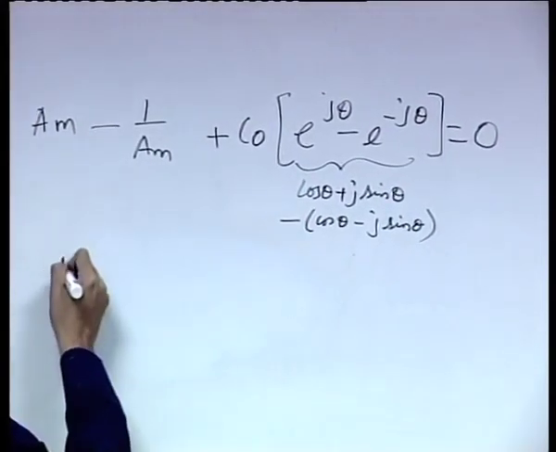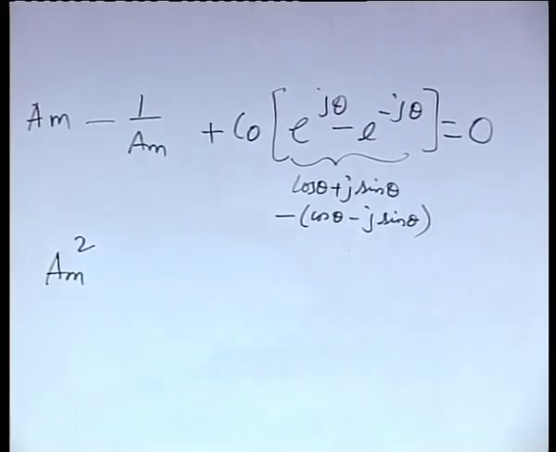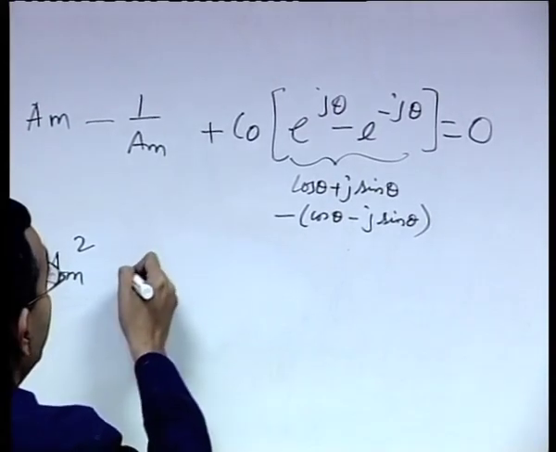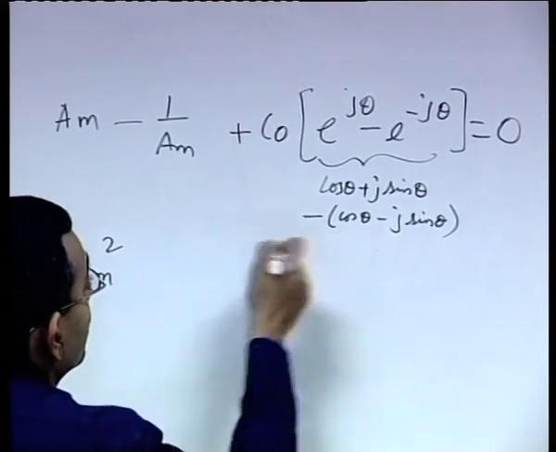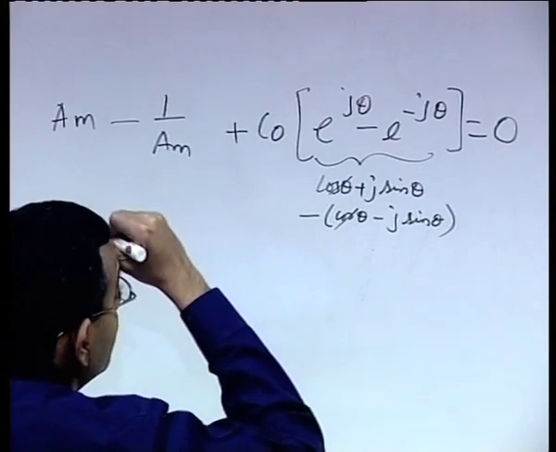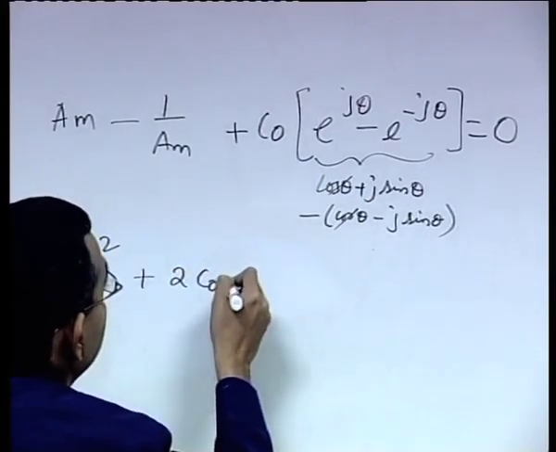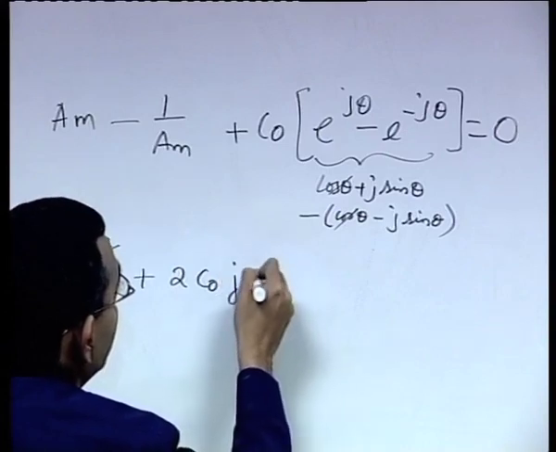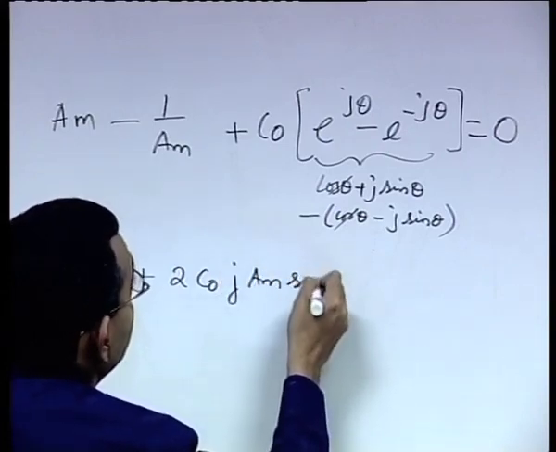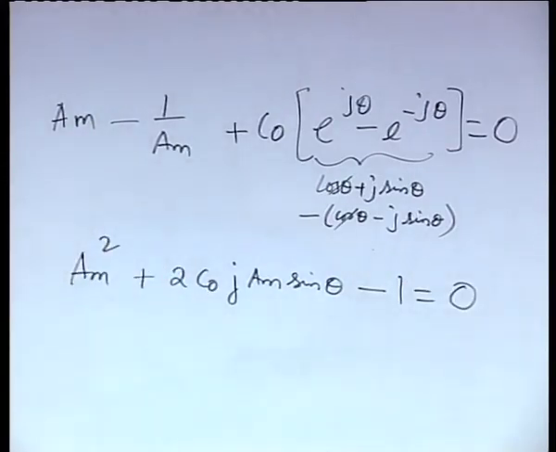So, you have amplification factor square plus, the cos theta will get cancelled, so plus 2 c naught j am sin theta minus 1 equal to 0, right.